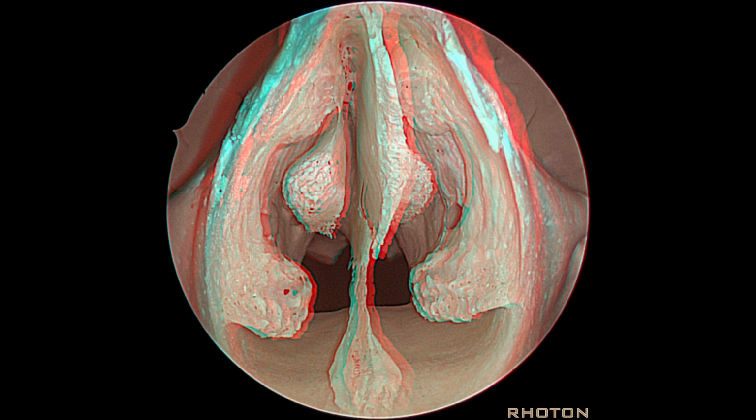But if you look in the anterior nasal aperture, that's the anterior opening into the nasal cavity, what's the first prominence you see here? What is that? Anyone? Please help me.